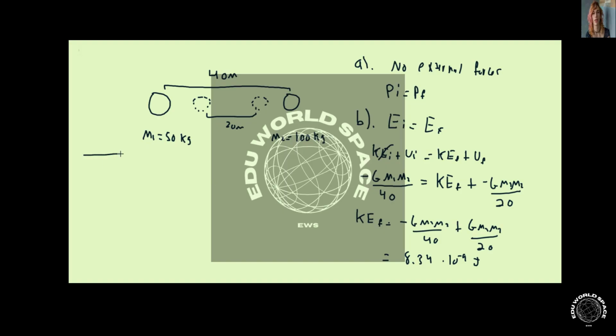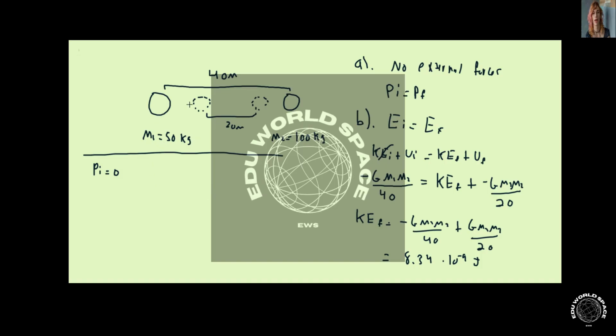So we need to actually rely on this fact from part A that there's no external forces and so the initial momentum must equal the final momentum. Because the initial momentum is zero, the final momentum must always be zero. And so these two masses have to have equal and opposite momentums at all times.